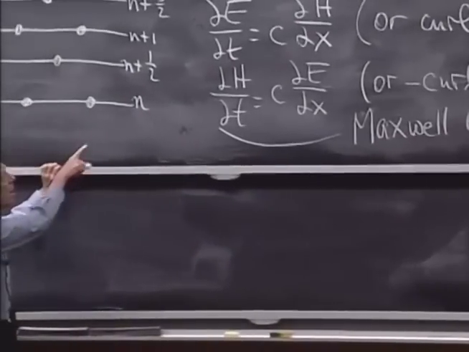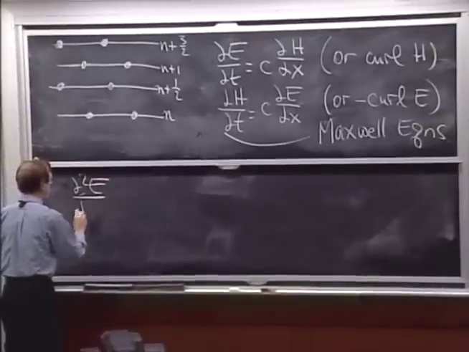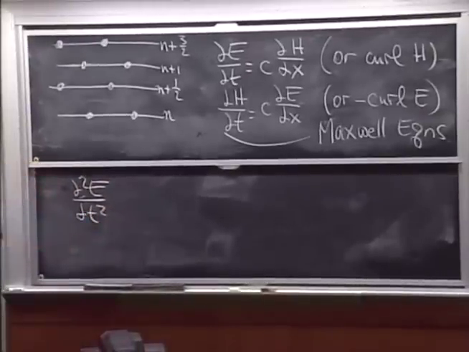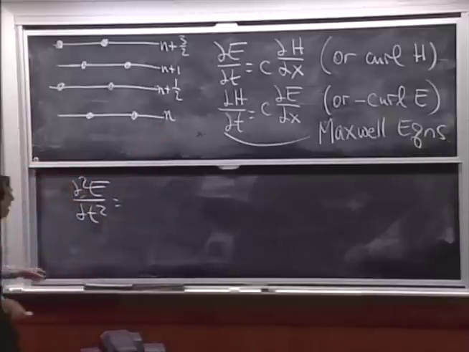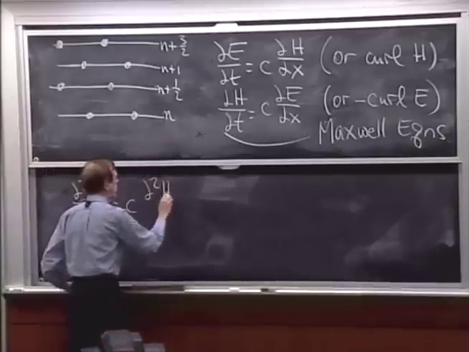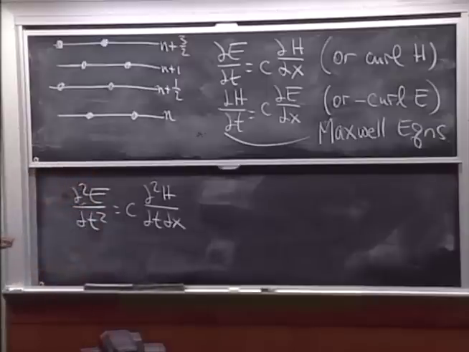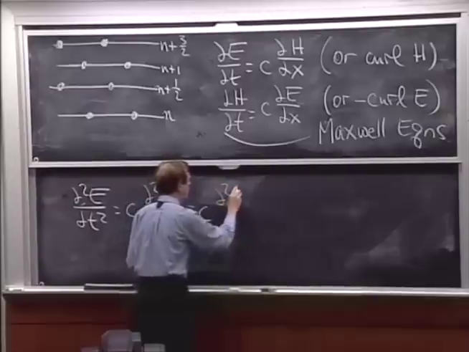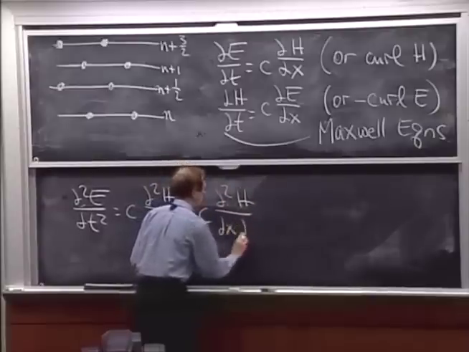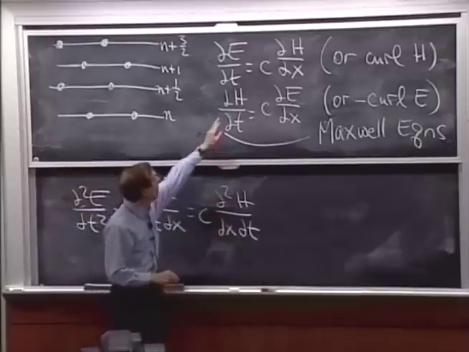Okay, so I just take the second derivative. I just want to recover the wave equation to show that I haven't lost it here. So if I'm taking the time derivative of the first equation, I get d second h dt dx, right? But by the extremely useful fact that this is the same as taking the t derivative first and the x derivative second, now I have the x derivative of this equation.